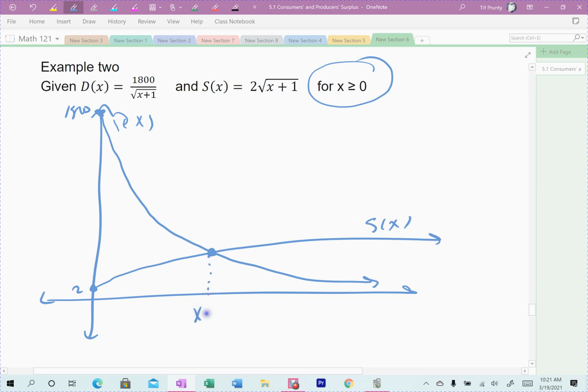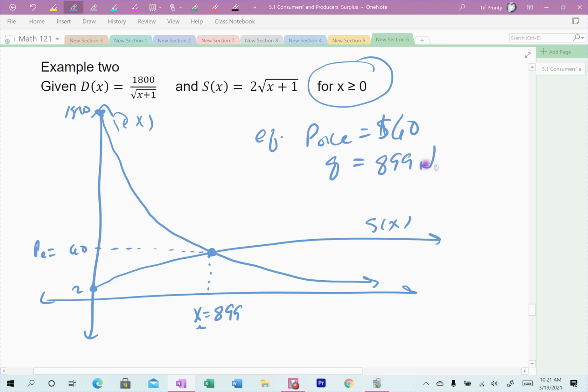So this was 899, and this was $60. The equilibrium price was $60. Quantity was 899 items, whatever they are. So 899 was the number of items sold at $60.